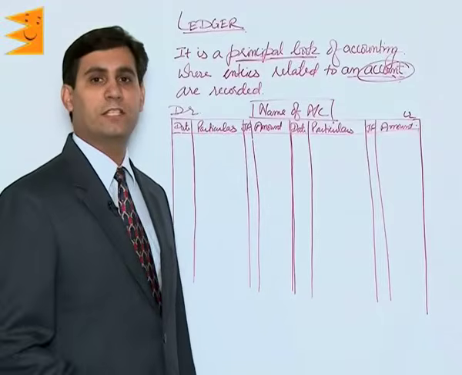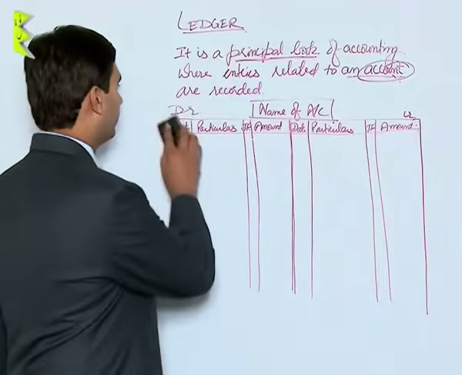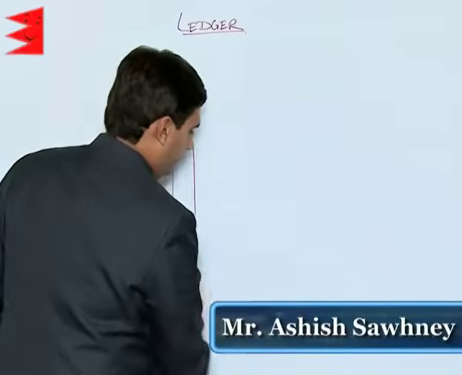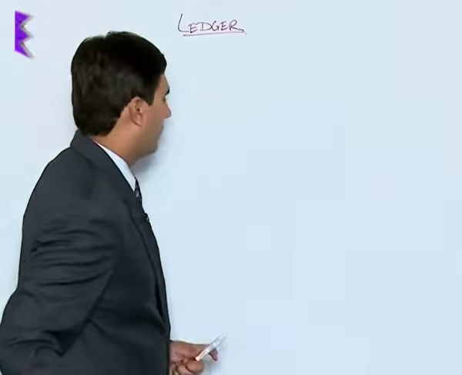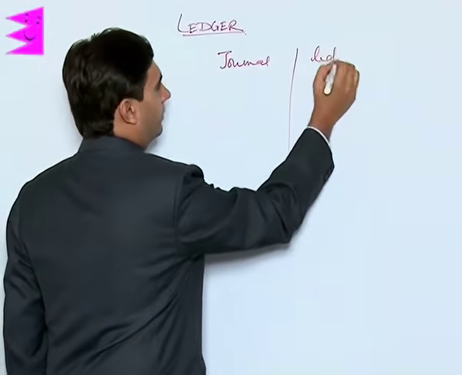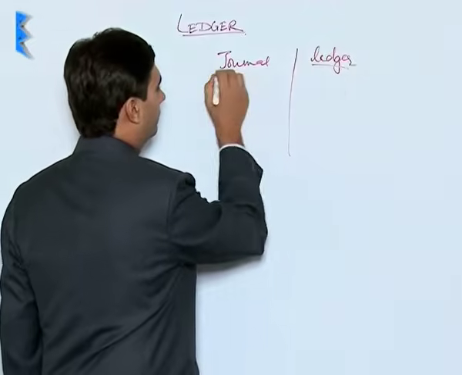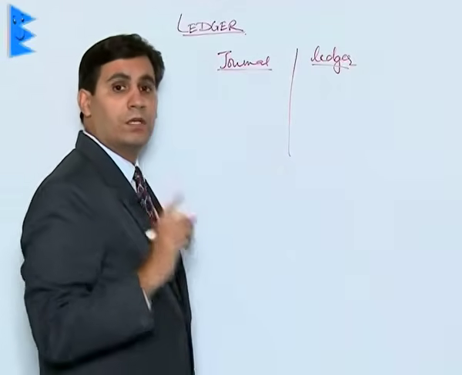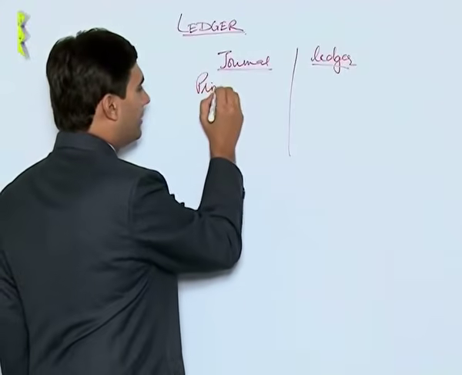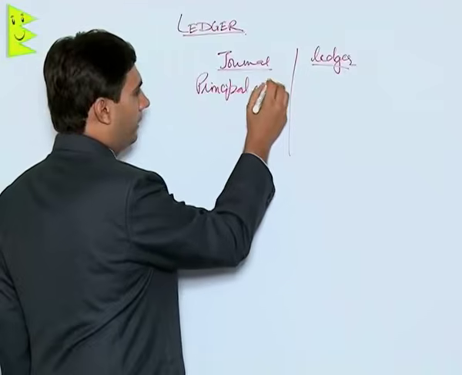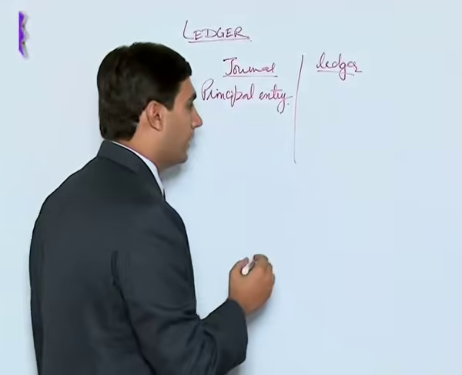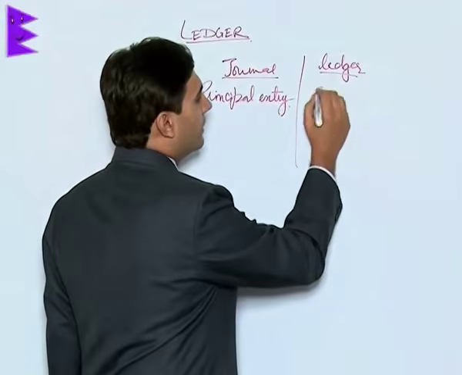Let us understand the distinction between the journal and the ledger. Now students, journal is a book of principal entry. That is, every transaction is recorded first up in the journal, and ledger is the book of secondary entry.